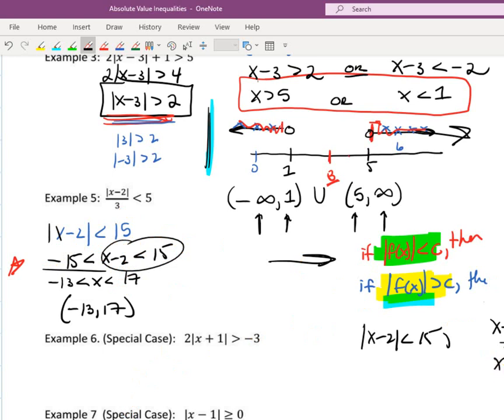But now I'd have x is less than 17 and x is greater than negative 13. So now when I graph this, I've got to remember what and means. And means the overlap. So if this is 17, I would have x going there, and then x is greater than negative 13. So it'd be this stuff. If I was looking for the overlap, it'd be that.